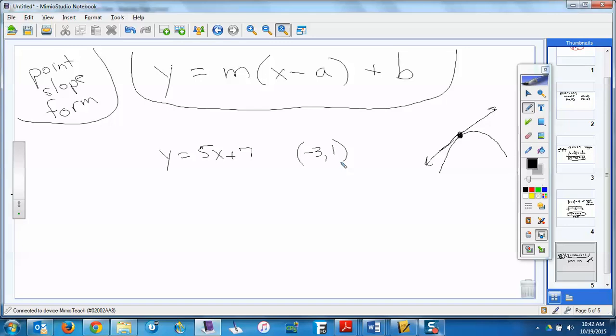Perpendicular lines have opposite reciprocal slopes, so the line we're looking for has a slope of -1/5. Now I just plug into this. So I simply go y equals -1/5 x plus 3 plus 1. See, I got that, but it says 2/5 in the end.